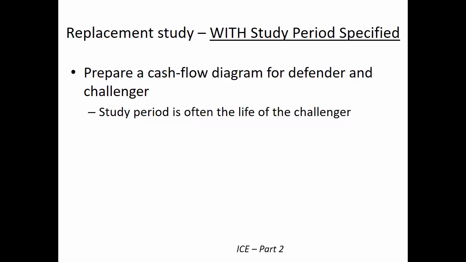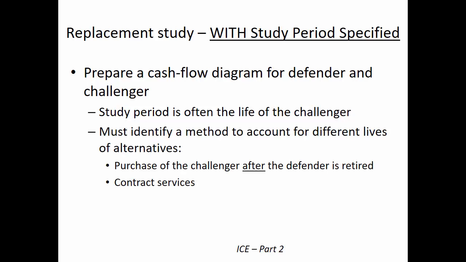So if you had a steamroller that you think will last for 10 years, but your existing steamroller only lasts for 3, then the question is, I want a 10-year comparison window, but you're going to have to do something during the 7 years following the existing equipment. So you have to have some sort of a method to account for the different useful lives.